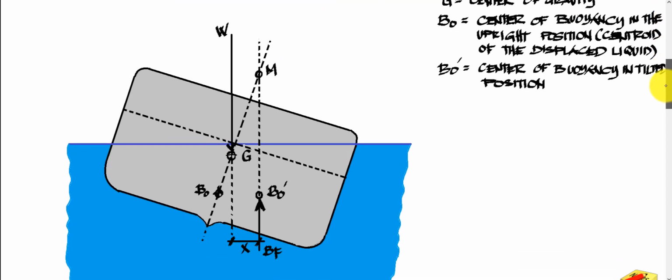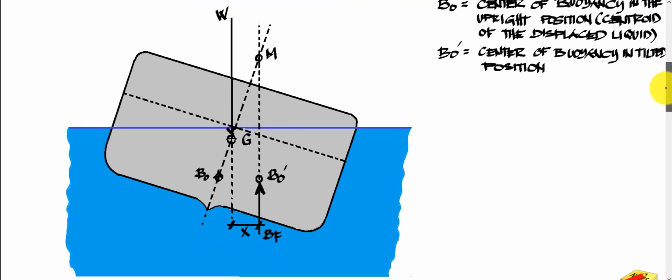Now you can see here that our buoyant force and the weight are no longer collinear. The buoyant force was relocated to a new position, acting at B0 prime.